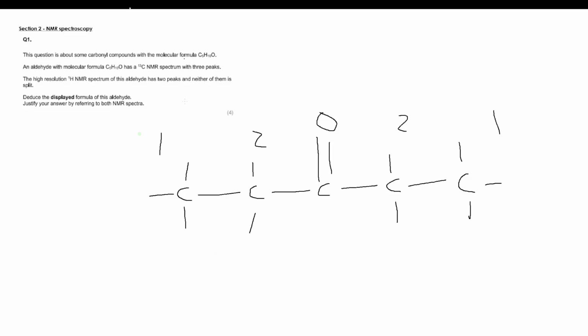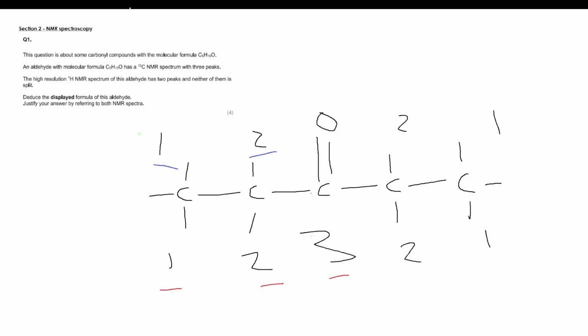We now have 3 carbon environments. These 3. 1, 2, 3. And we have 2 hydrogen environments. 1, 2. I think this is the answer. That's what I'm going to go with.